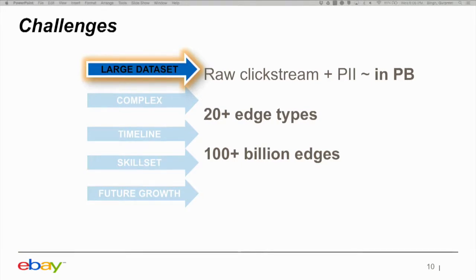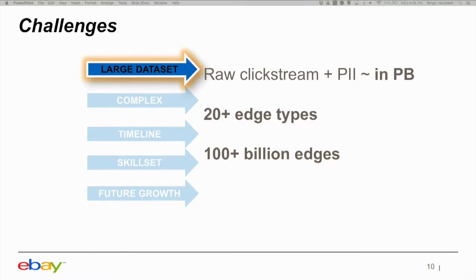I wanted to go with Spark, but then I realized that with the amount of queue capacity that our team had and the current jobs that were already running, the best solution was Hive, in batch mode, right? So our SLA is 1 day to get this data across. So yeah, raw clickstream data plus PII in petabytes. This is how it impacted our decision making.